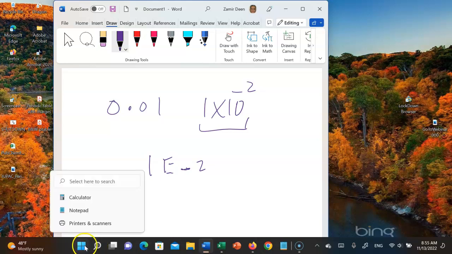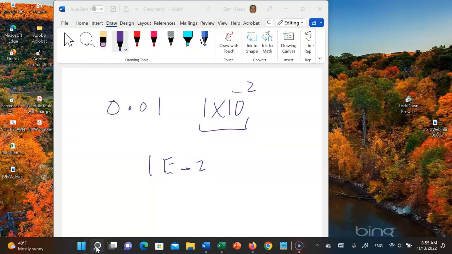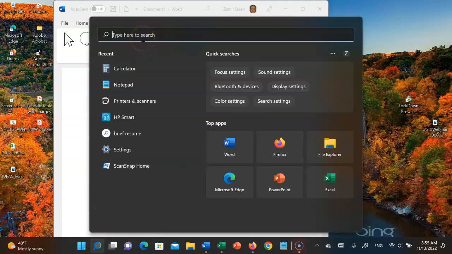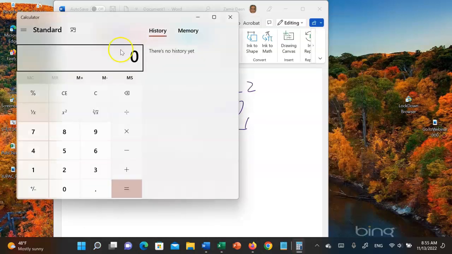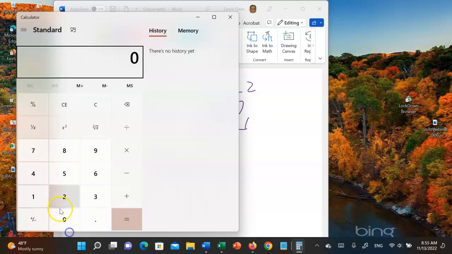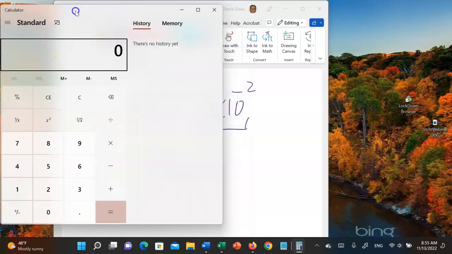So it doesn't matter whether you click on this or that. I'm using Windows 11, but just click on the search bar and type in calculator. There it is. Okay. So the first time around that you bring it up, most likely it's going to come up like standard calculator.